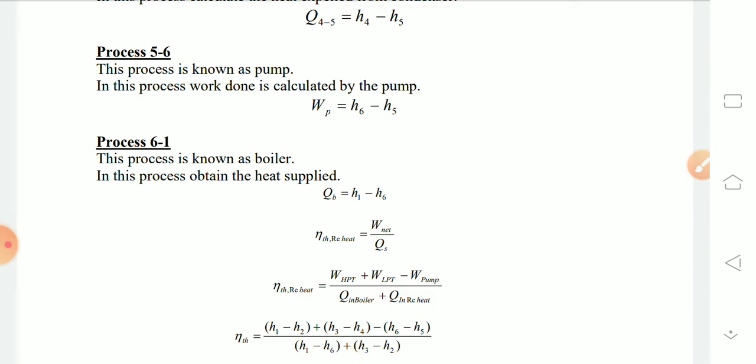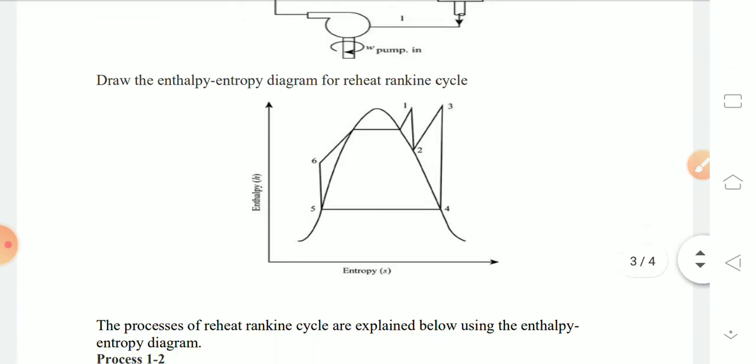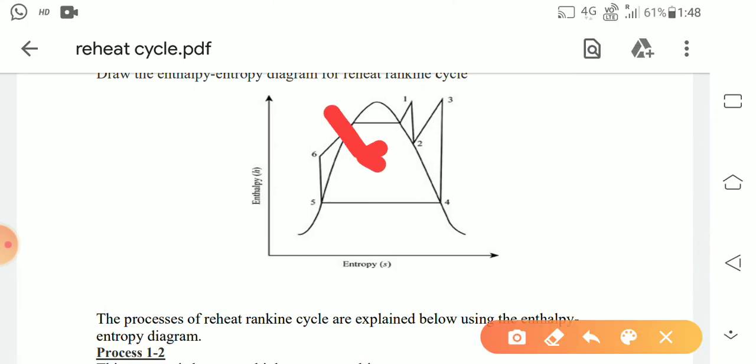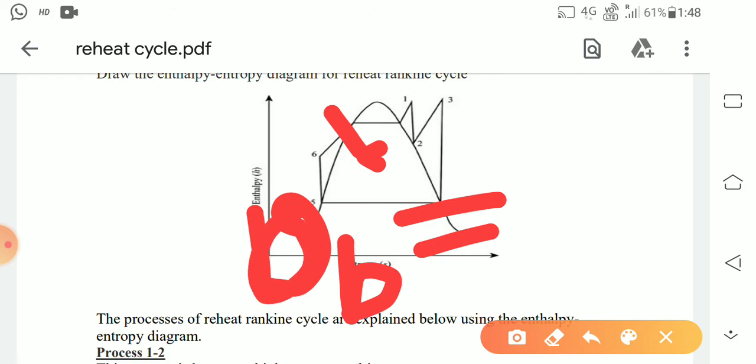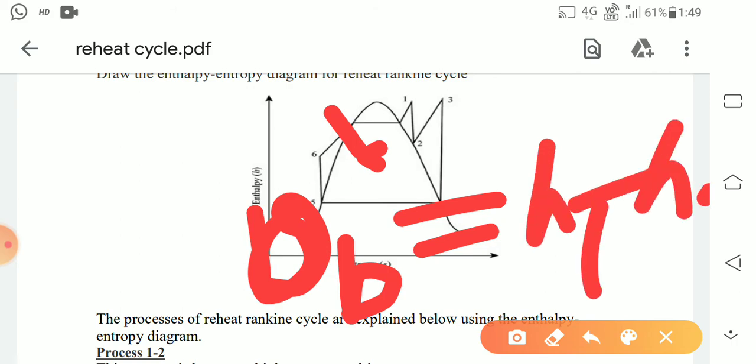In terms of enthalpy, the heat supplied in the boiler is H1 minus H6.